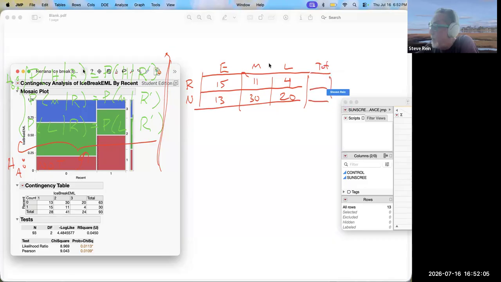It's not part of the dimension of the table. 63 of the data points were indeed way back when, not recent, and 30 of them are recent, since 1980. And then early, there's a total of 28.